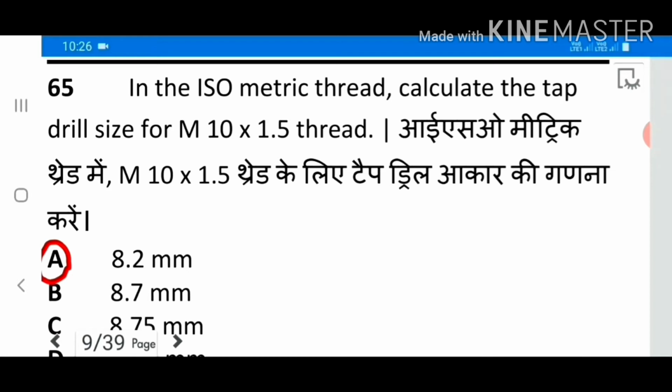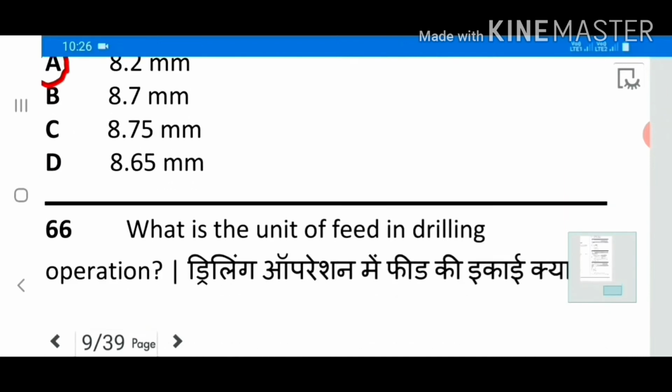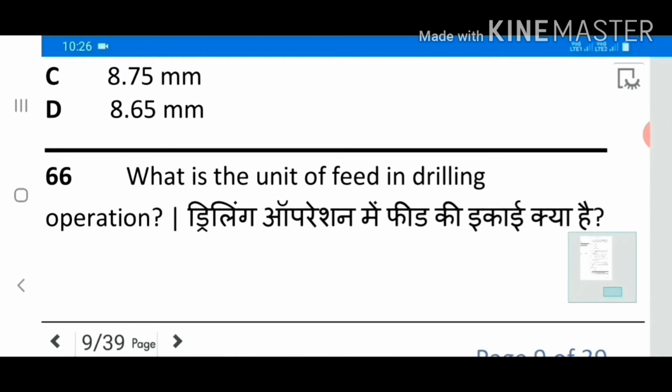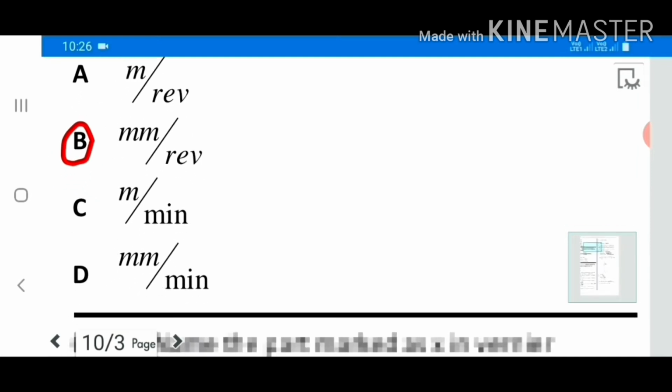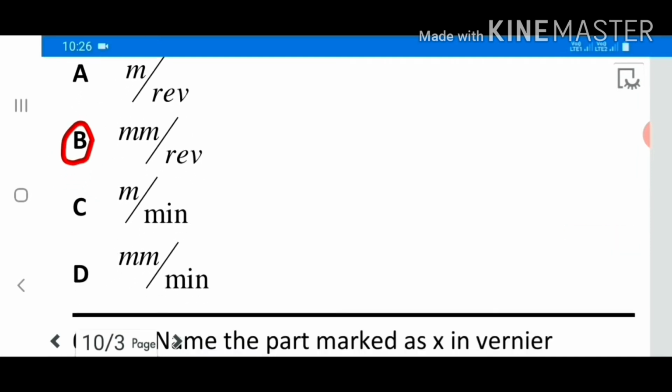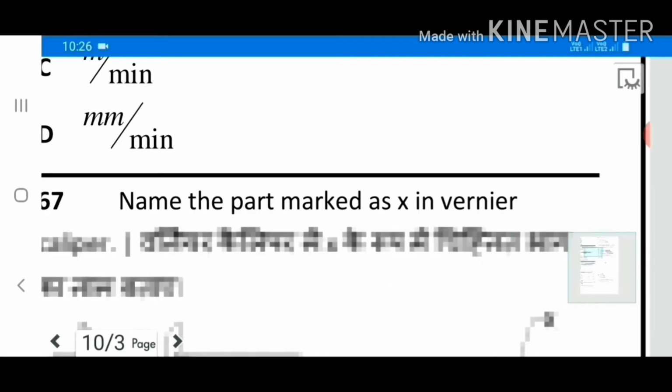In the ISO metric thread, calculate the tap drill size for M10 x 1.5 thread. Answer A. 8.2 mm. 66. What is the unit of feed in drilling operation? Answer B. Millimeter per revolution.